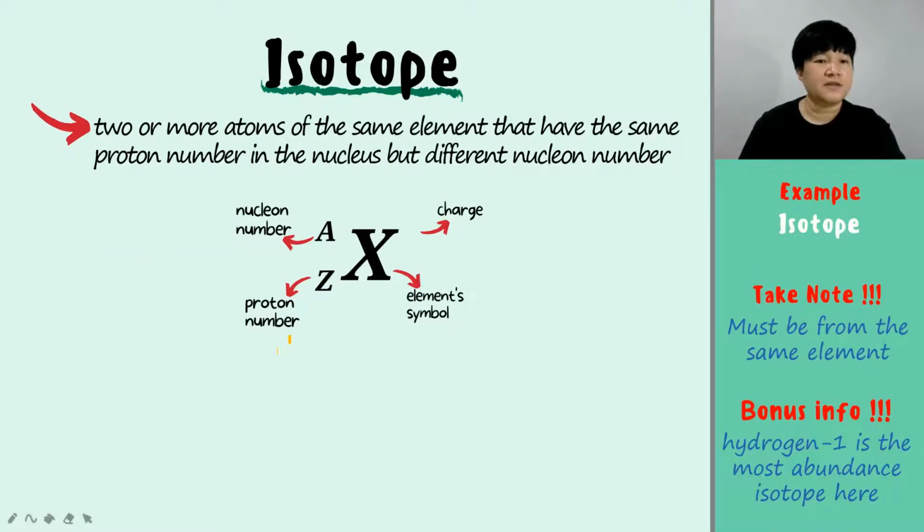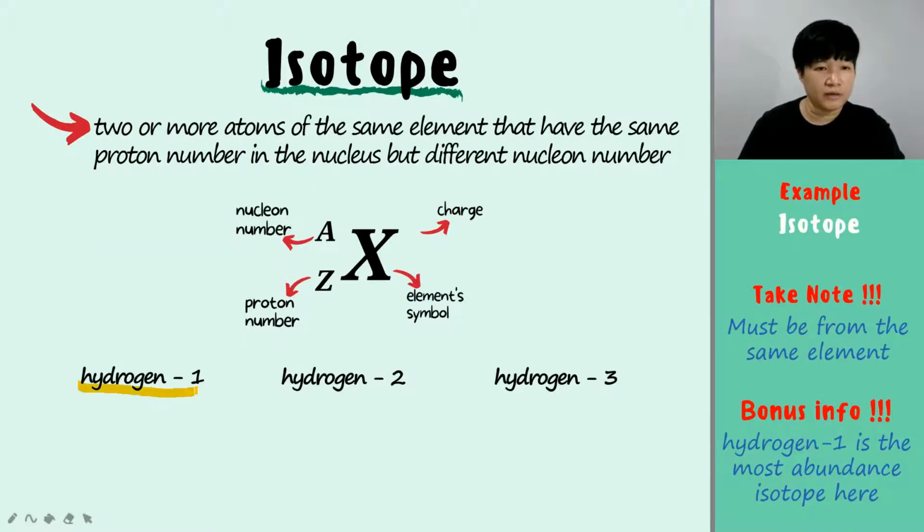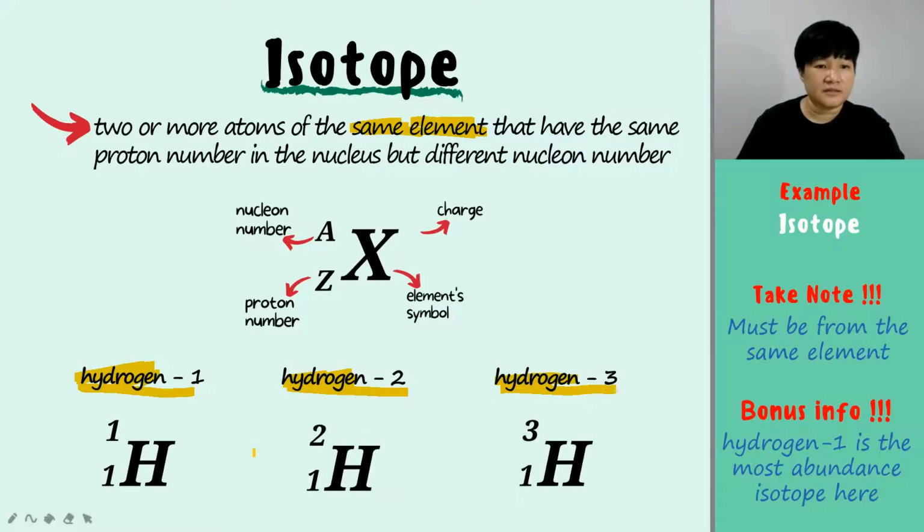For example, hydrogen 1, hydrogen 2 and hydrogen 3 are isotopes to each other. Why do I say they are isotopes to each other? Because they are the same element. Everything is talking about hydrogen. And that is the first condition. The second condition, look at the proton number. The proton number at the bottom over here is the same. So everybody has the same proton number, but different nucleon number.